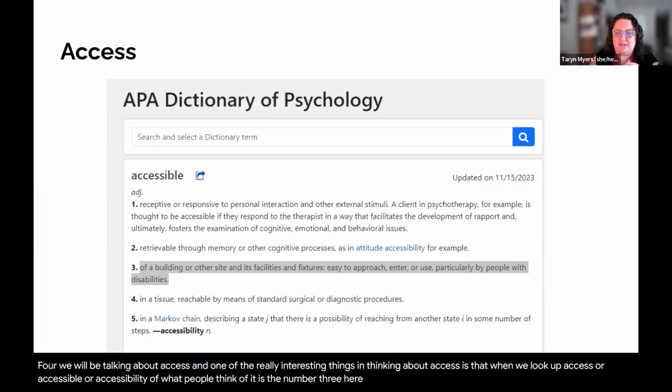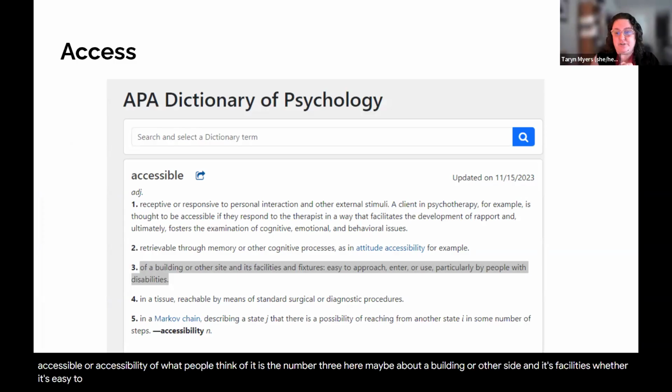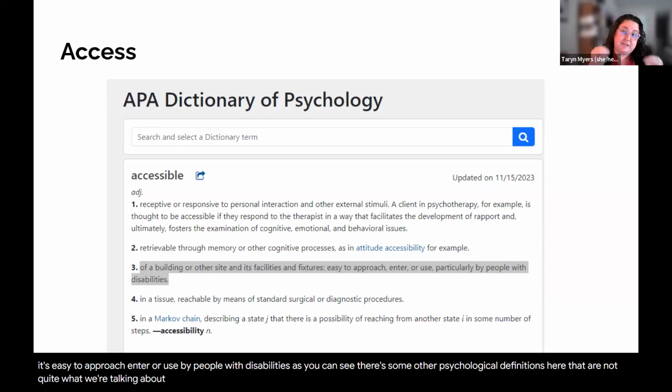They think about a building or other site and its facilities, whether it's easy to approach, enter, or use by people with disabilities. As you can see, there are some other psychological definitions here that are not quite what we're talking about. And certainly physical spaces and facilities are an important piece of how accessible something is.